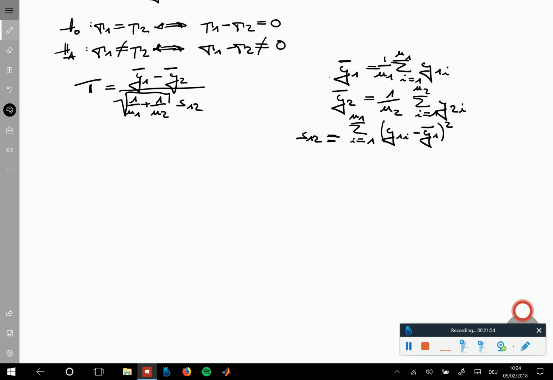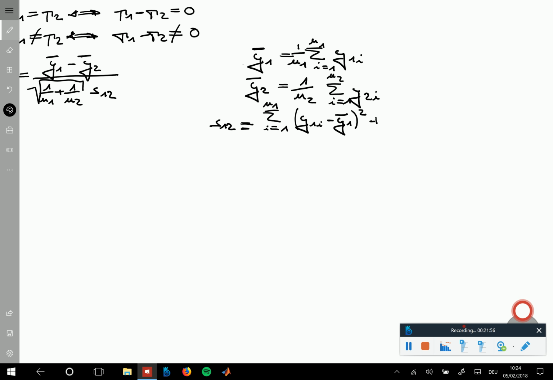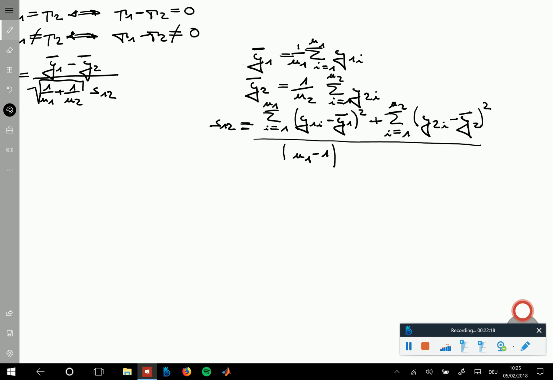And to that you add the sum of the squared deviations in the second group. And you divide the whole thing by the number of data points in the first group minus 1 plus the number of data points in the second group minus 1.